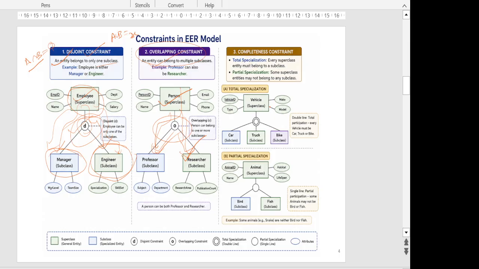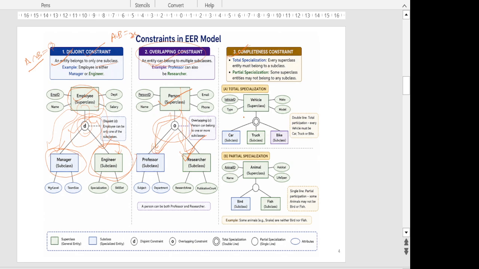Next, the completeness constraint. In a completeness constraint, there are two categories: total specialization and partial specialization. Total specialization means all will participate. Partial specialization means some will not participate.